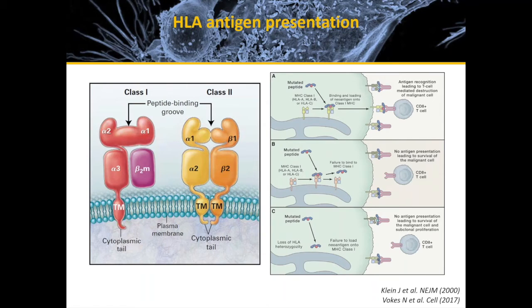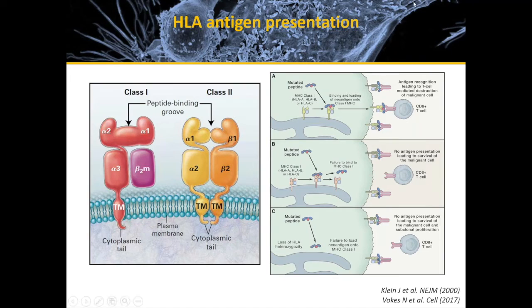We know that HLA class 1 molecules are expressed by almost all nucleated human cells on their surface, and these molecules present degraded cytosolic protein fragments in the form of 8 to 11 amino acid peptides for recognition by CD8 cytotoxic T cells.